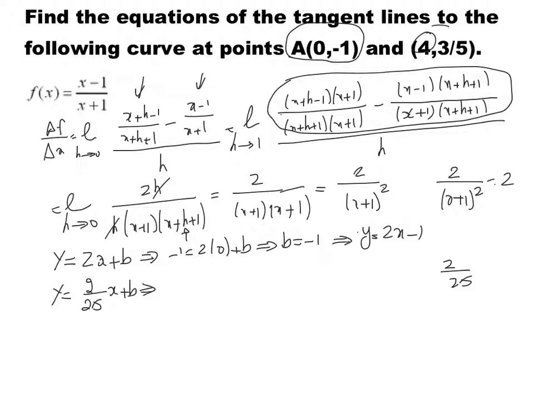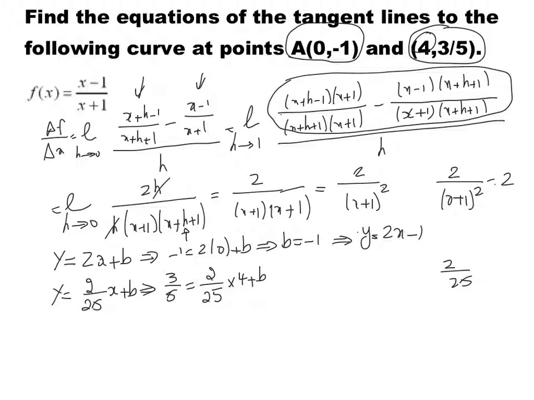Again, it goes through this point, so I sub it back in the equation to find b. I get 3 over 5 is equal to 2 over 25 times x. x is 4, so times 4, plus b. Now, 3 over 5 can be written as 15 over 25.